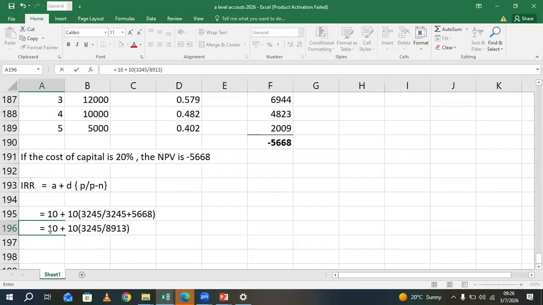So next step is 10 plus 10. Bracket, it means you're multiplying. So if you say 32.45 divided by 89.13, that's 0.364.